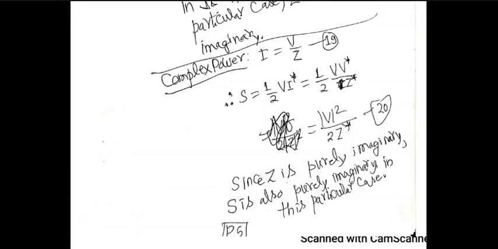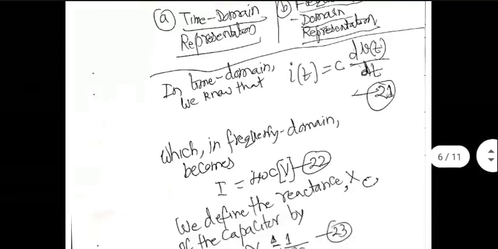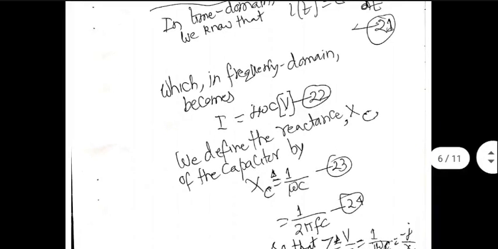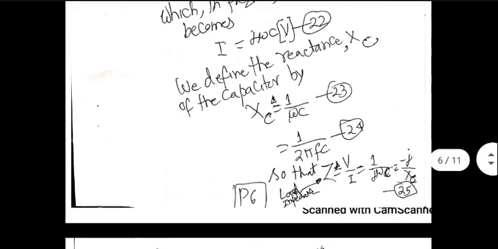What this corresponds to is the fact that no power is being consumed in this circuit. Just live with that for now. In the case of a purely capacitive load, you can also do the same exercise by using the basic definition I as C dV by dt, convert it into phasor domain, which means I equal to j omega C into V. Xc is 1 upon omega C. Using that, Z turns out to be minus j upon Xc.